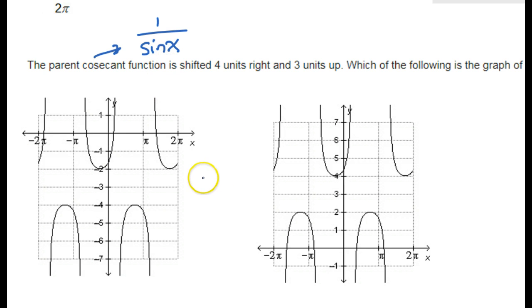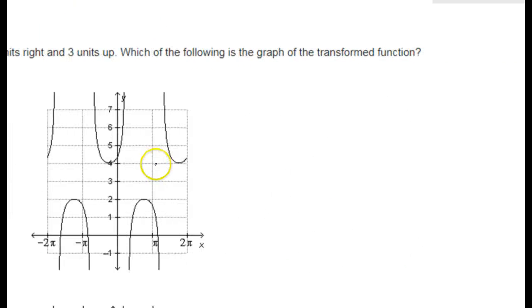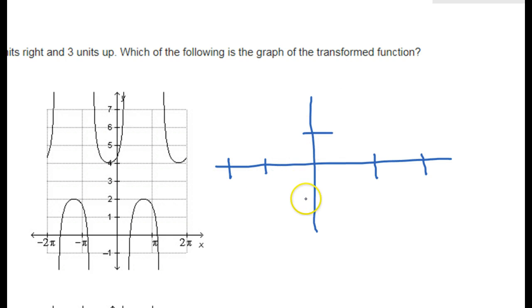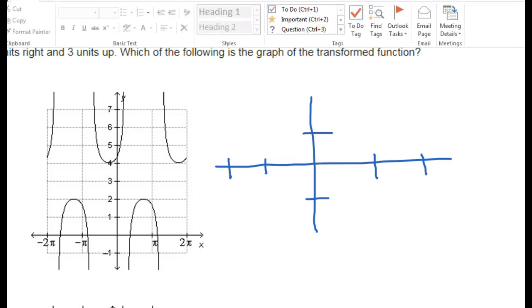So if I want to graph a cosecant function, that's going to be based off of the graph of the sine function. So the first thing I'm going to do is graph the sine function, and then it will be easy to see where the cosecant function will sit.